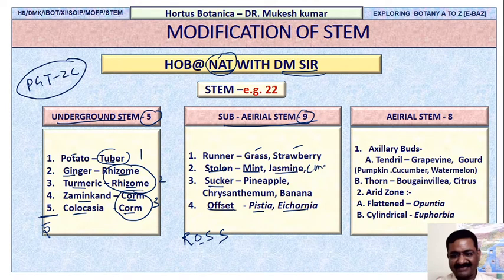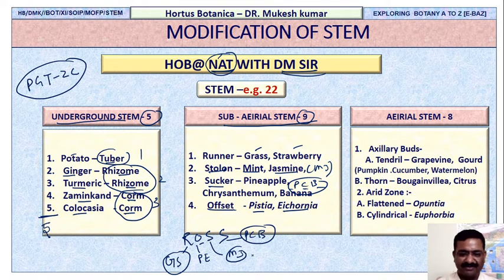This is Michael Jackson, MJ. And sucker: physics, chemistry and biology, PCB, pineapple, chrysanthemum and banana. Very easy to remember. So runner, grass and strawberry; offset, Pistia and Eichhornia; stolon, Mentha and Jasmine; and sucker, pineapple, chrysanthemum and banana. Very simple to remember.